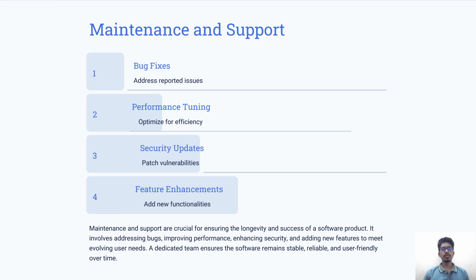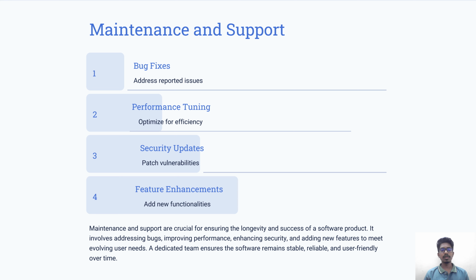Maintenance and support. First one is bug fixes. This addresses the reported issues in the program while compiling. Performance tuning. This optimizes for efficiency. Security updates, patching vulnerabilities. Feature enhancements. This adds new functionalities to the program.